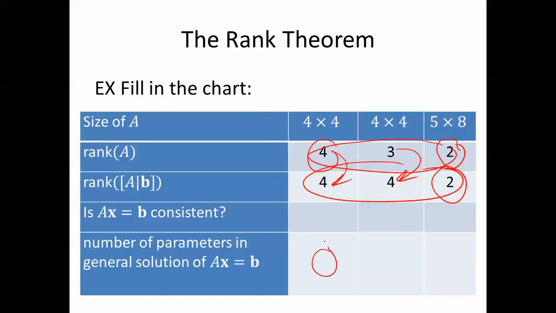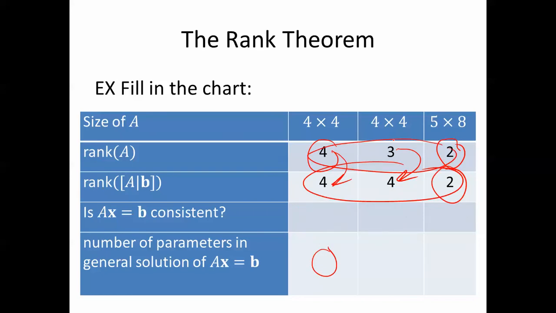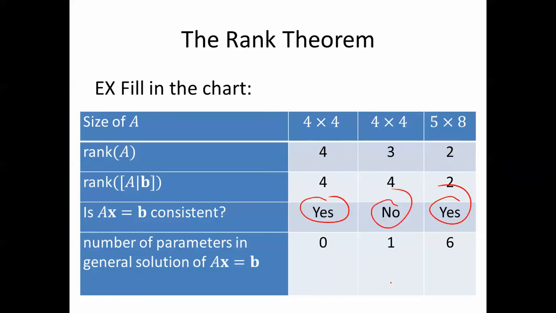By contrast, this matrix has 4 columns, but it only has 3 leading variables. That means one of the variables is a free variable. So the number of parameters in the general solution of AX equals B is 1. Okay, 0 and 1. Got that?